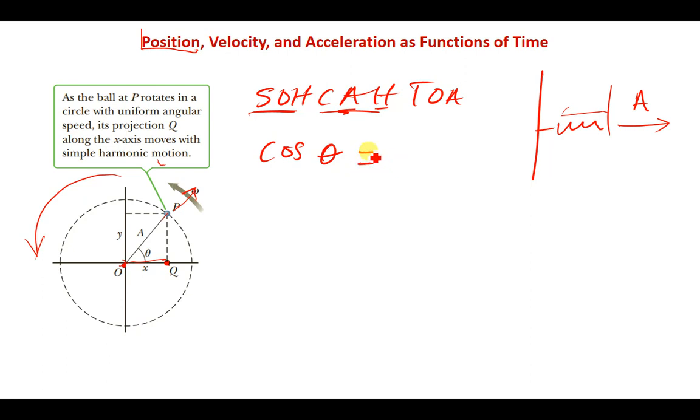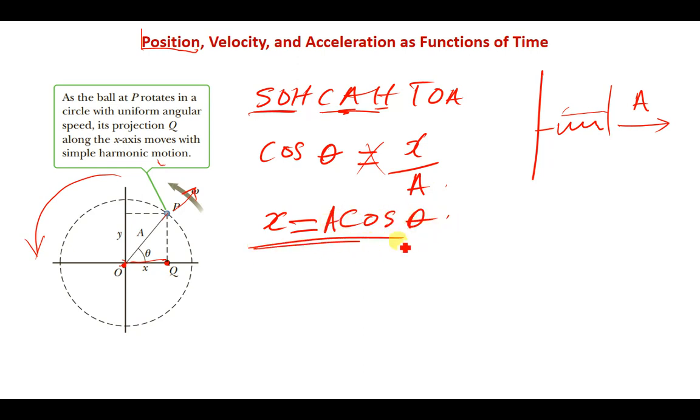The adjacent is simply x, and the hypotenuse is the amplitude. When we cross multiply, we're going to get the value of x being equal to A cos theta. So this is what we're going to have as the distance x. Now the question is finding the position, which is x, as a function of time.